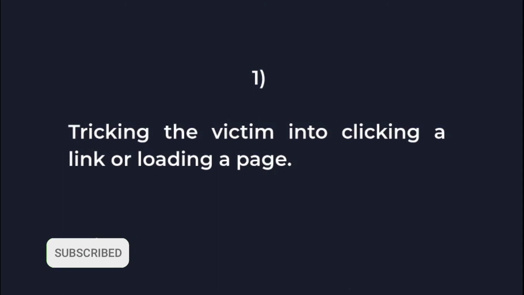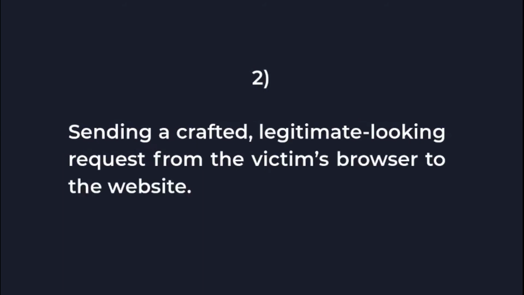This is typically conducted using malicious social engineering, such as an email or link that tricks the victim into sending a forged request to a server. The second path is sending a crafted, legitimate-looking request from the victim's browser to the website. The request is sent with values chosen by the attacker, including any cookies that the victim has associated with that website.